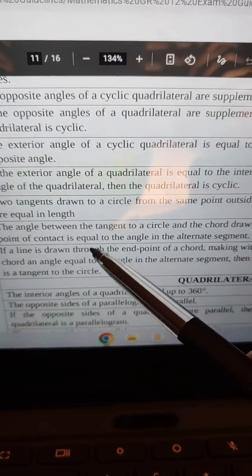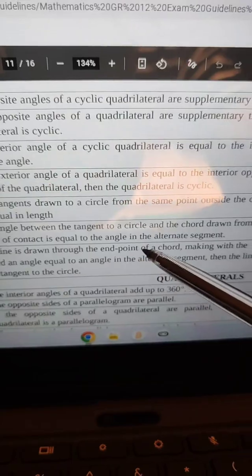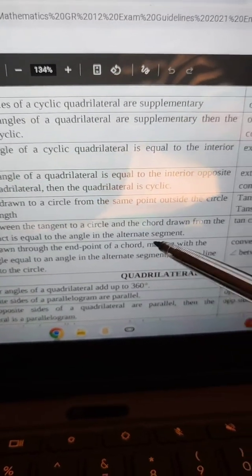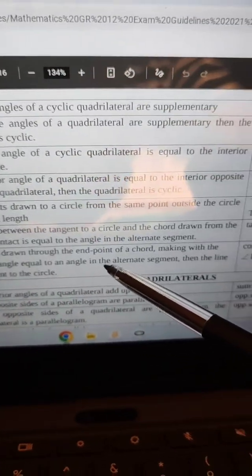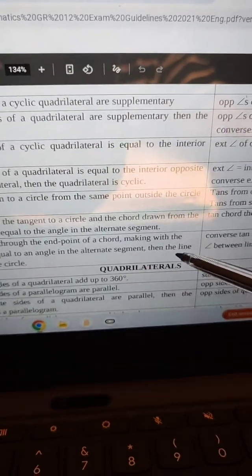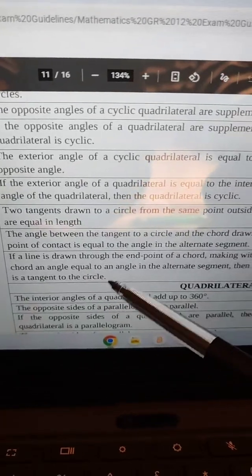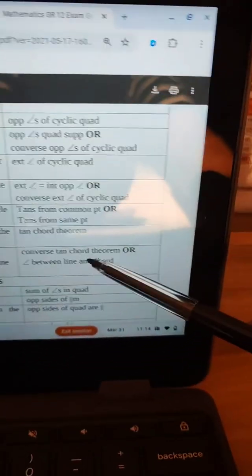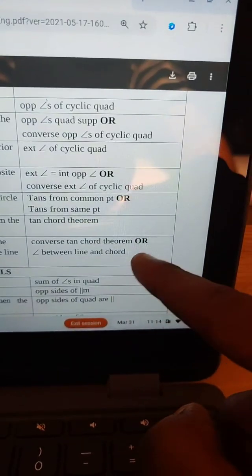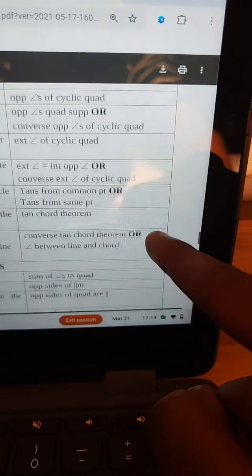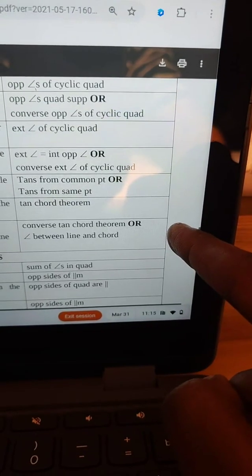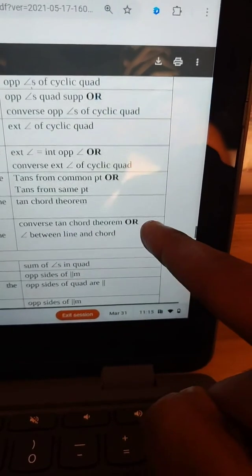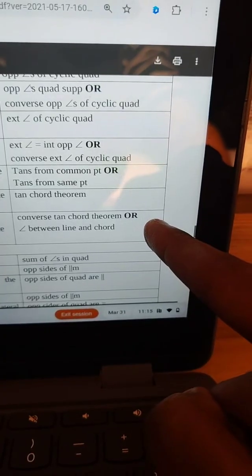If a line is drawn through the endpoint of a chord, making with the chord an angle equal to an angle in the alternate segment, then the line is a tangent to the circle. This is the converse of the tan-chord theorem, or we say angle between line and chord.